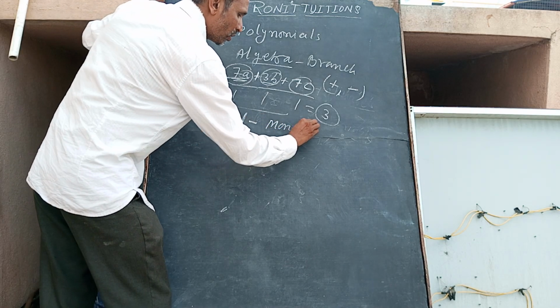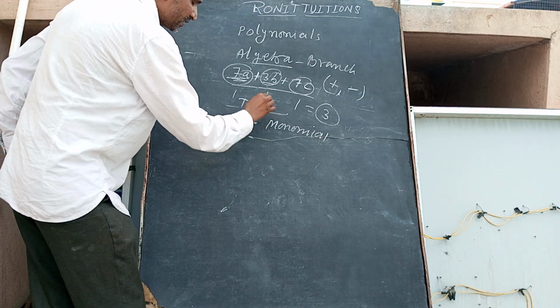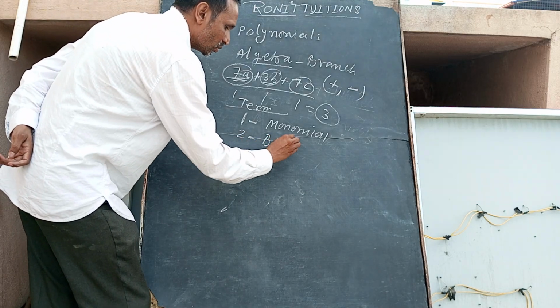If one term is there, it is called a monomial. If two terms are there, it is called a binomial; bi means 2.